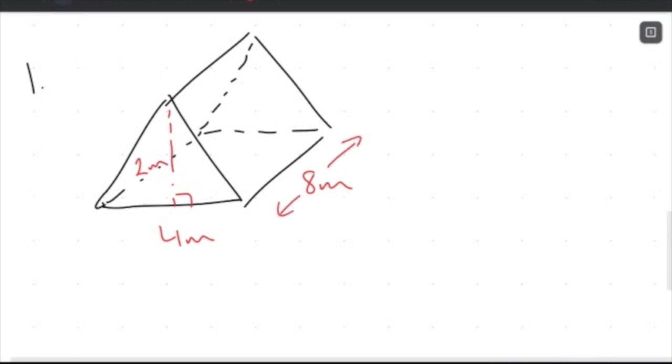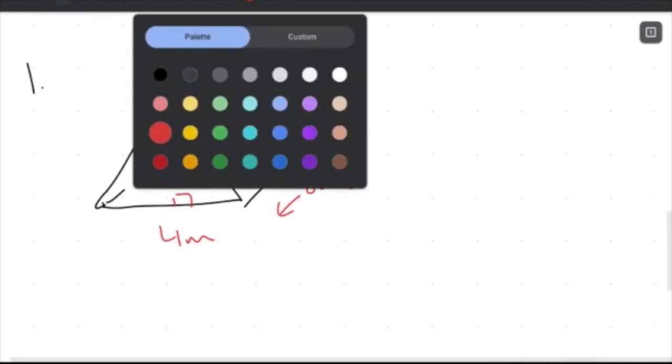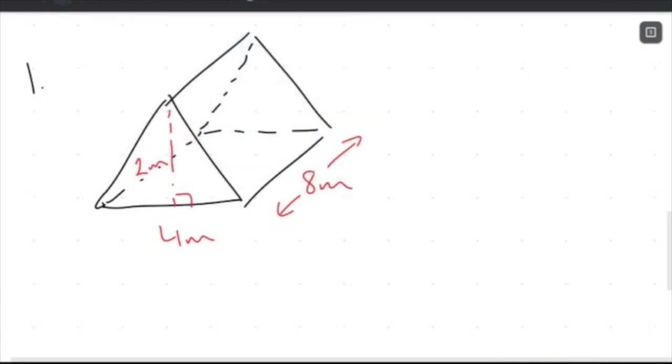So, in approaching these questions, we're always going to look at them the same way. The first thing we're going to do, step one, is to find the cross-sectional area. Let me write that as CS for cross-sectional area.